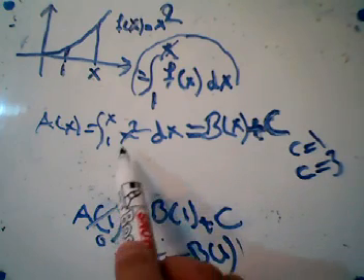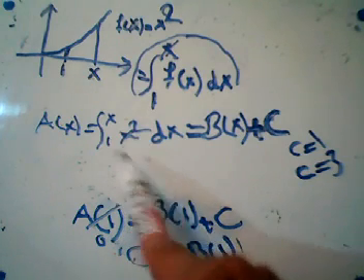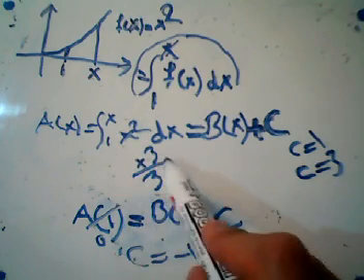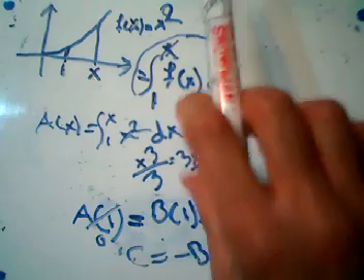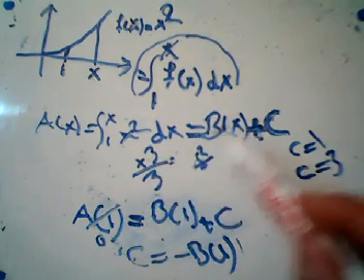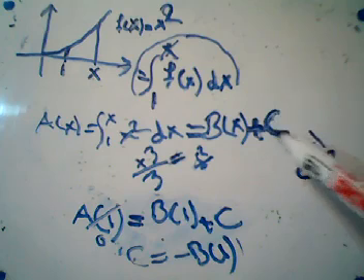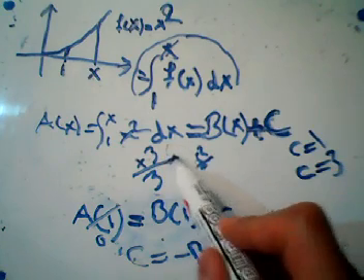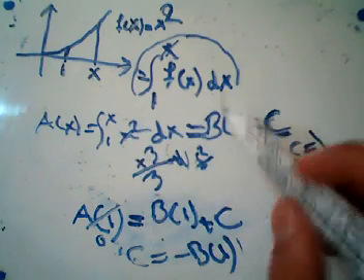I said once you found some antiderivative of this, let's consider this, whose derivative is 3x squared over 3, or x squared. So this is our B of x. For this B of x, we got one C. And this is also an antiderivative of x squared, whose derivative is x squared.